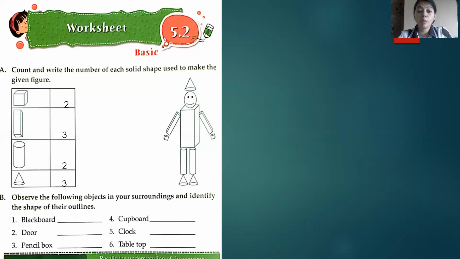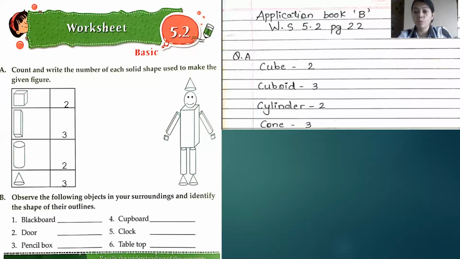Very good. Now how are you going to write this in your notebook? On the other side, I am showing you how you are going to write it in the notebook. In the same way, children, you are going to write it in your notebook. First, write application book B in the same way how teacher has written in the book.